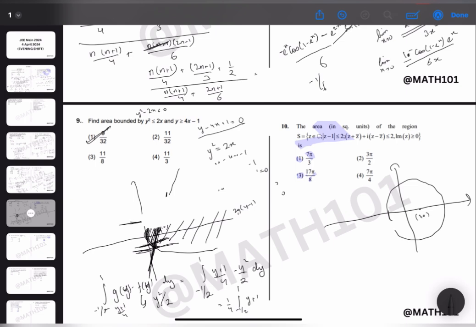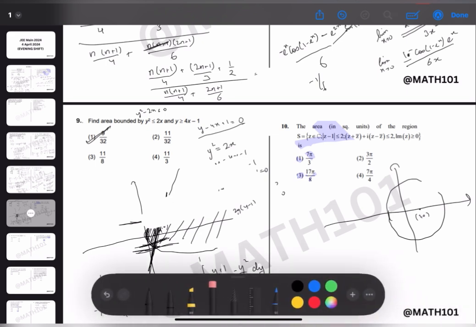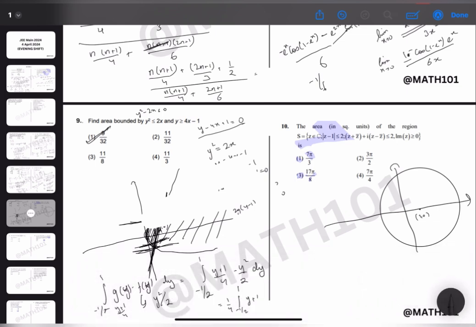So it is this. This is the line x minus y equals to 1.